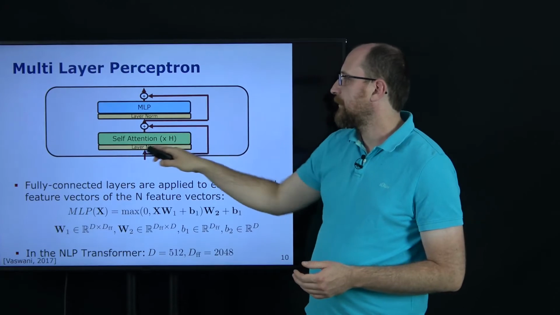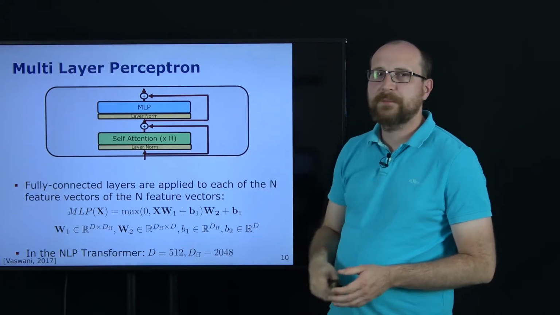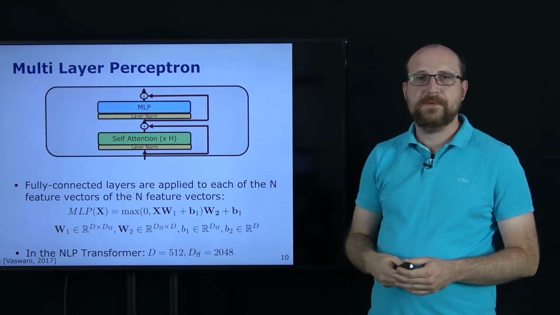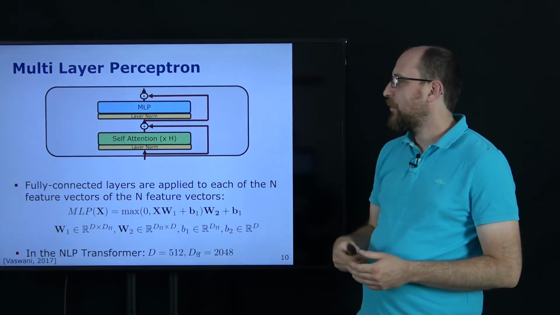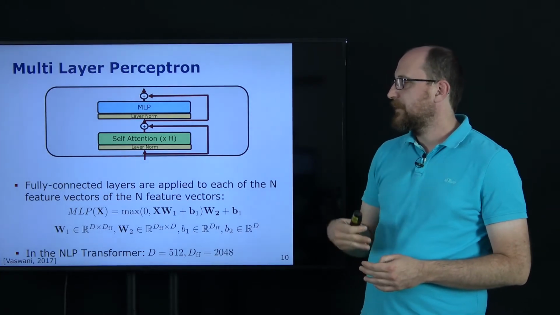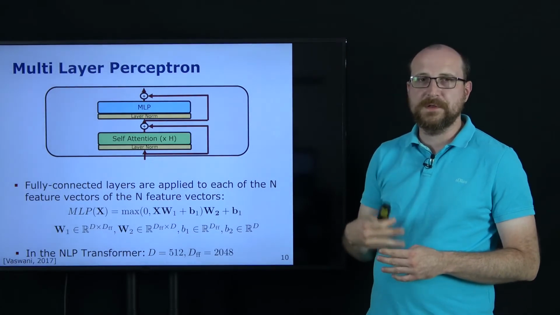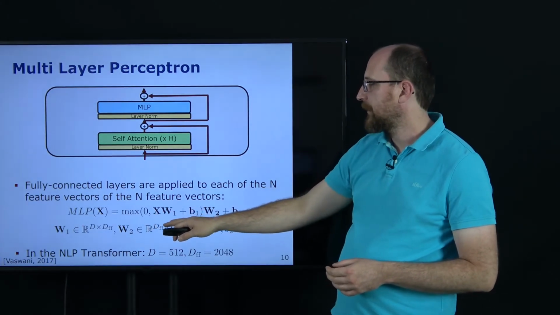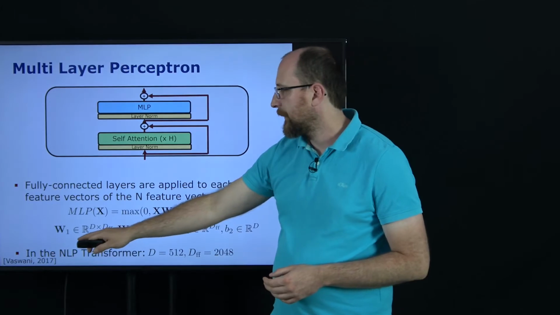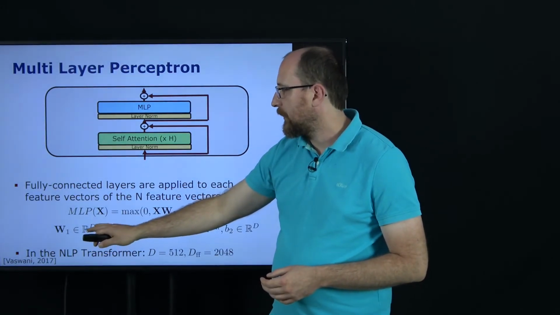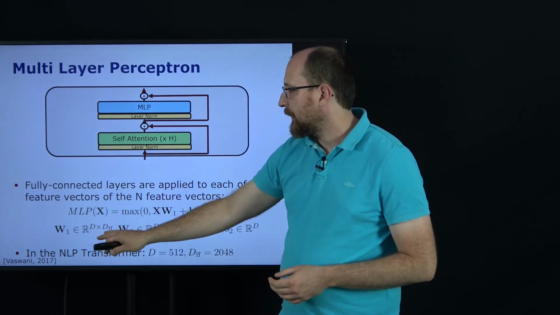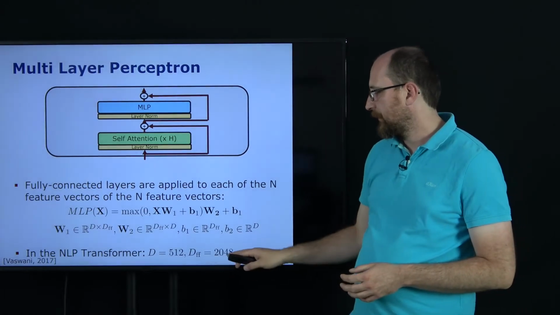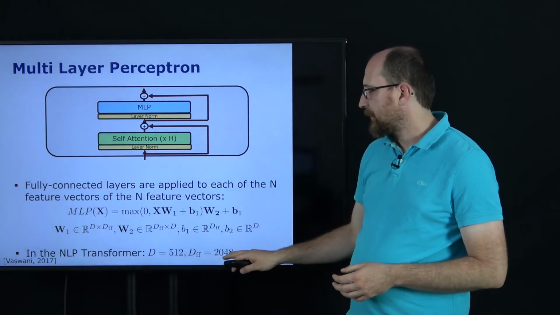And this is this part that produces our outputs, and then these are fed into a multi-layer perceptron. And the multi-layer perceptron is just a fully connected layer that now works on each individual token or embedding vector of the input. So therefore we have here x times W1, and W1 is a weight matrix that projects our d-dimensional vectors to d_ff dimensional vectors. In the case of the NLP transformer, this is a 2048 dimensional vector.